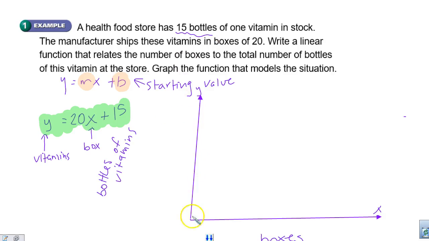So on our y-axis, we're going to want 15 somewhere on our y-axis, right? And then our slope right here is 20. And the slope is what really drives our intervals. So if my slope is 20, I'm going to write that as 20 over 1. That means that I have to rise up 20 and run over 1.